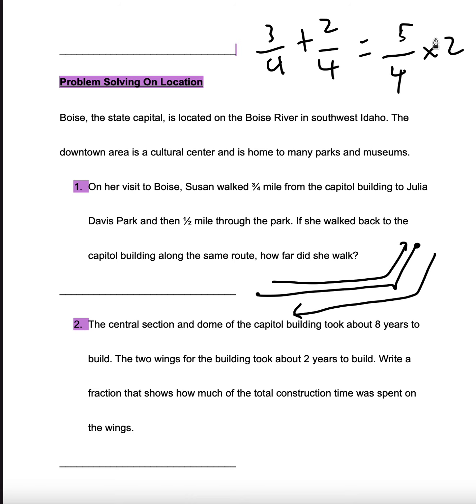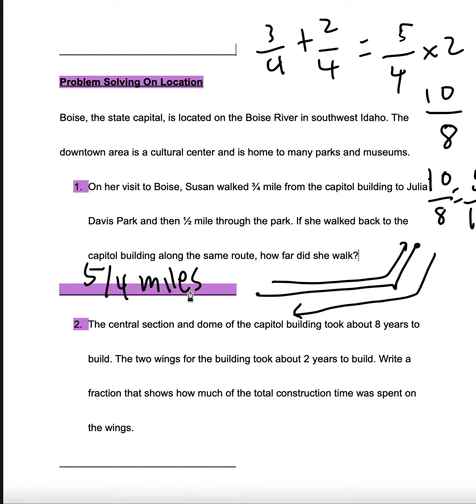So when we multiply, we're just going to multiply straight across, so we get 10/8. And we can simplify that into 5/4. So we'll write 5/4 miles.